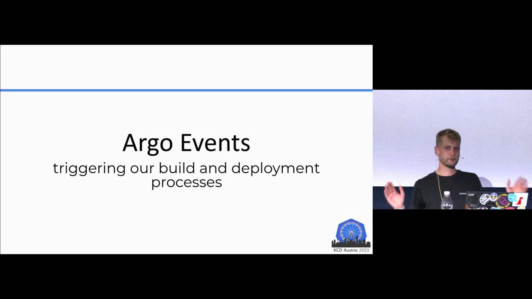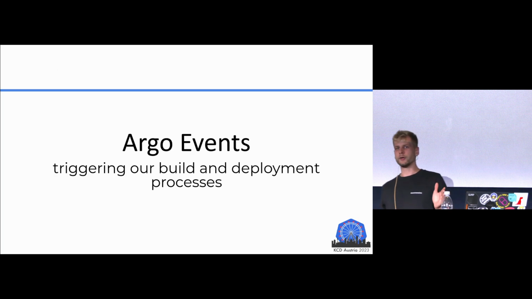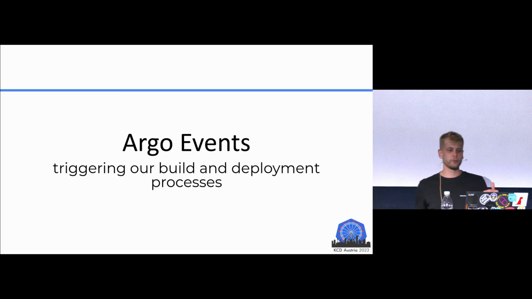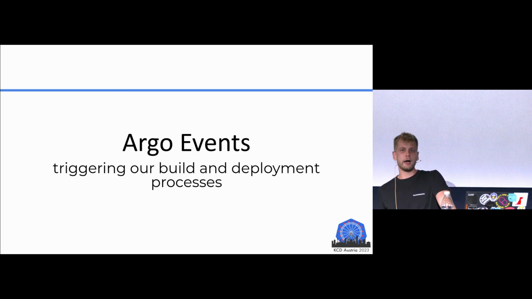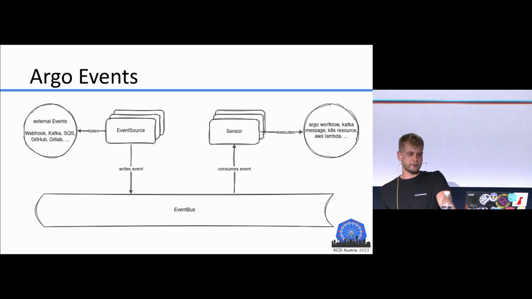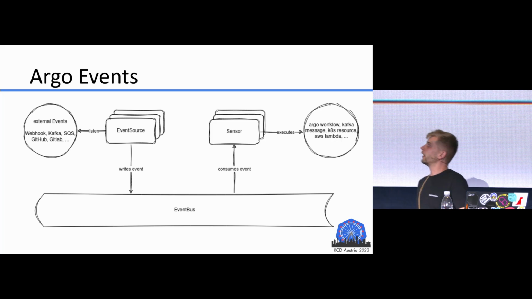Cool. So the first step is we need to trigger our workflows. For that, we are using Argo Events to actually start our build and deployment processes. And Argo Events, from an architectural point of view, looks like this. We have our event source, listening to some kind of external event.